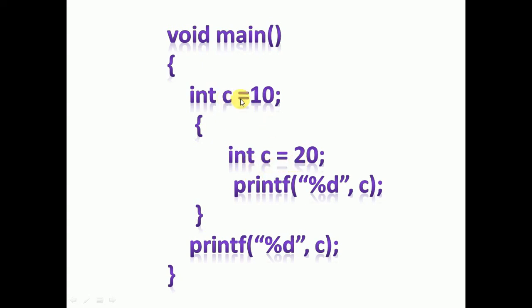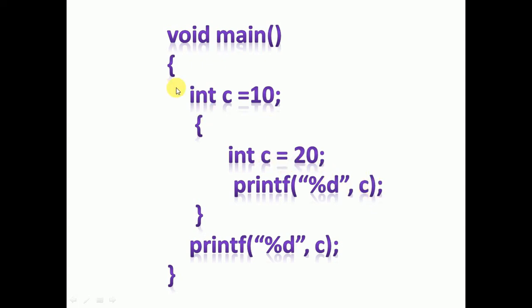Now you can see that I have declared a variable twice, but remember, this int c has the scope from here till here, but this int c is local to this scope only. Therefore the c which I am talking about in this scope is different from the int c which I have declared within this scope. So if I am printing the value of c, it will print 20.